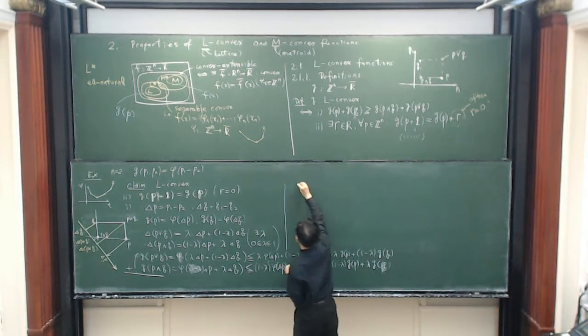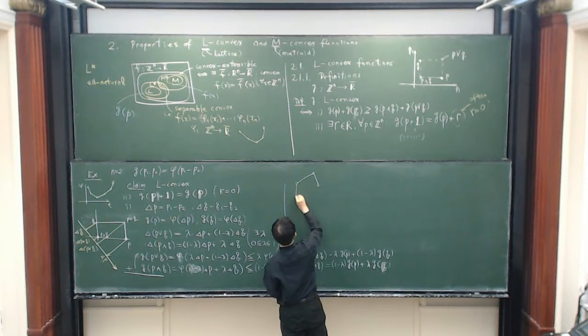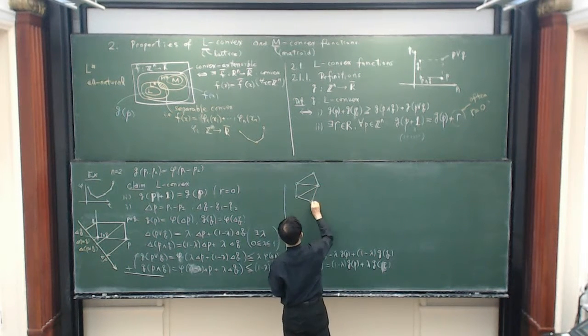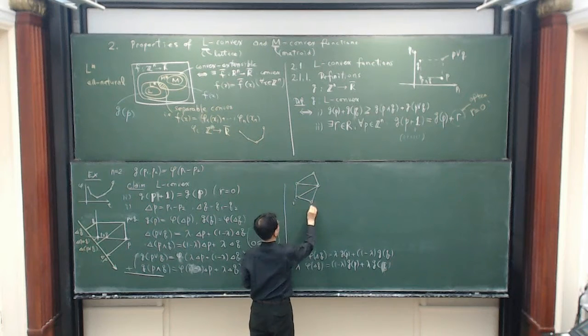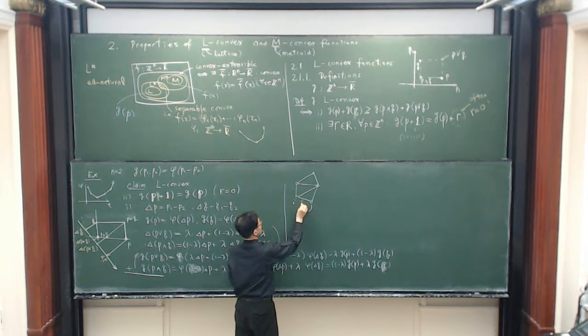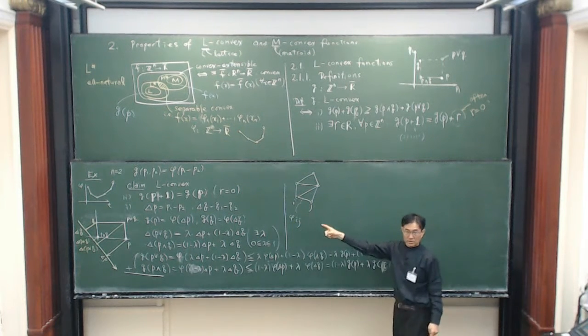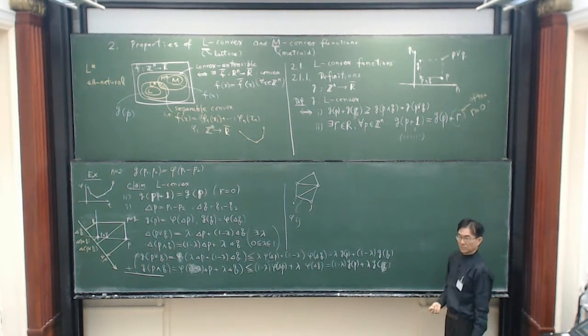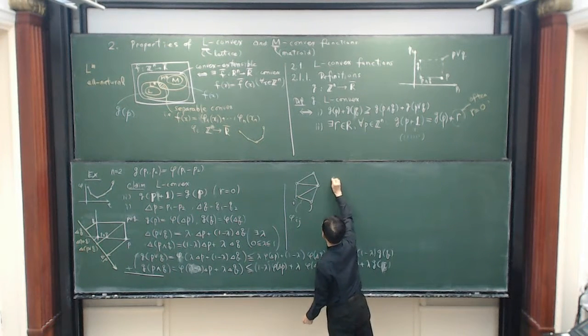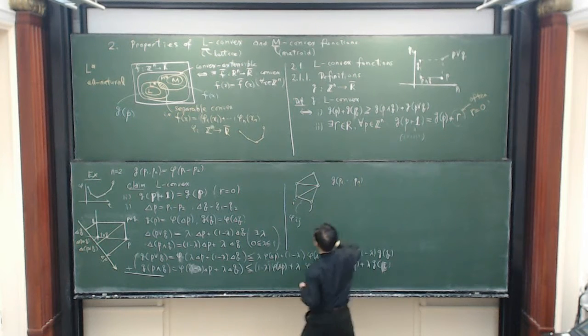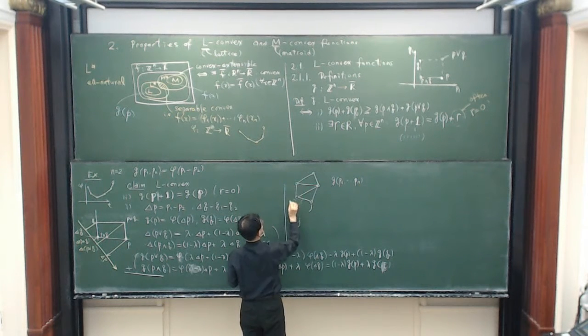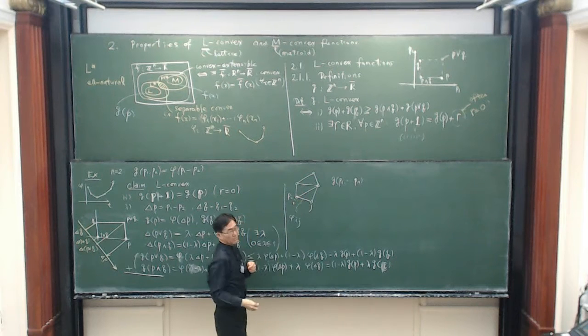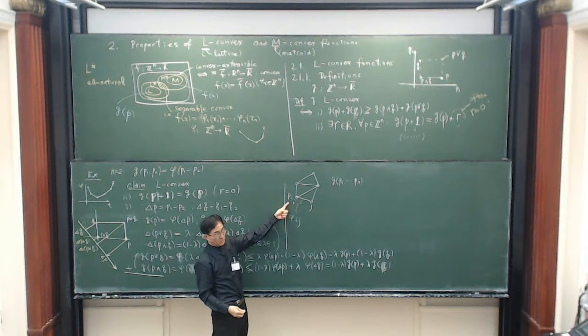So suppose we have a graph like this. For each edge ij, suppose we have a univariate convex function phi ij. Then we can define a function of P, where p i is associated with vertex i, so P is a vector associated with vertices.